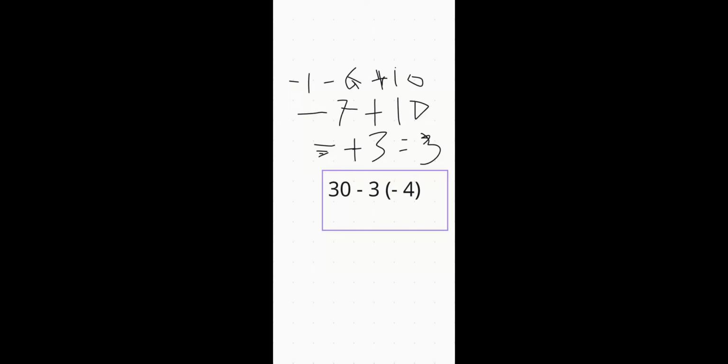Yes. Good. So that is why minus 3 times minus 4 is simply what? Plus 12. Did you get that now? Yes. Now, so the next line should be 30 plus 12.